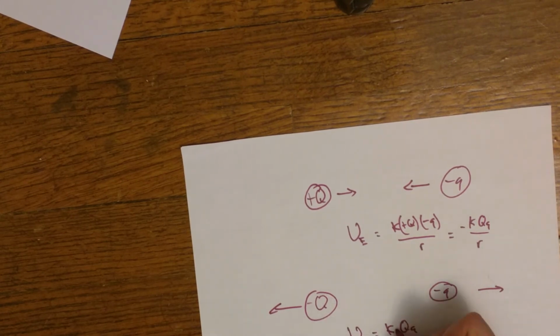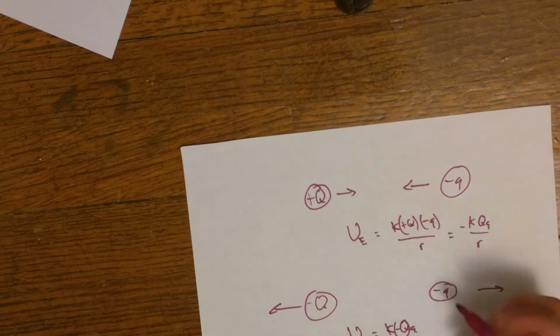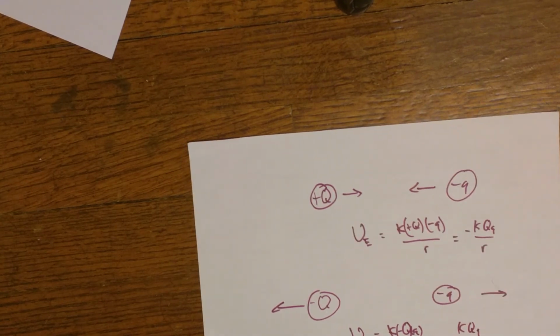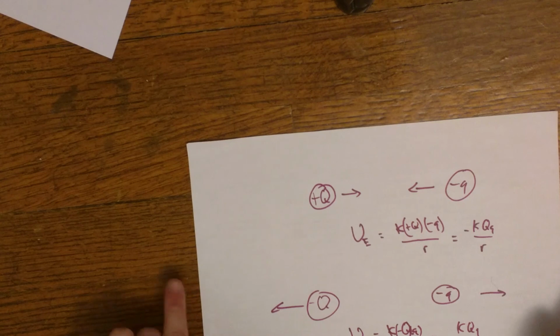So here we have a negative for this capital Q and a negative for little q. Both of those cancel out, and we get a positive value for our potential energy. And once we let these go, the potential energy in the system will decrease because this r gets larger, and that energy then turns into kinetic energy as these particles speed up in opposite directions.